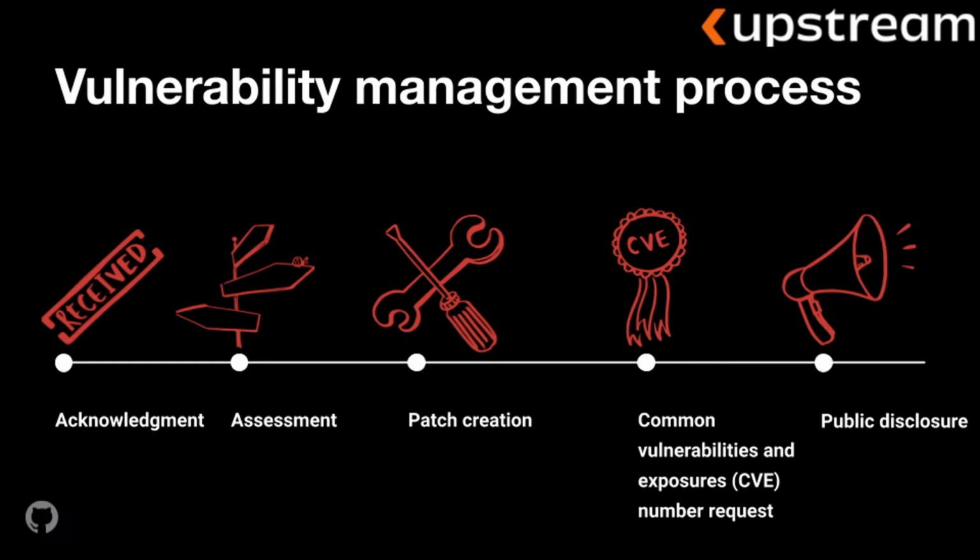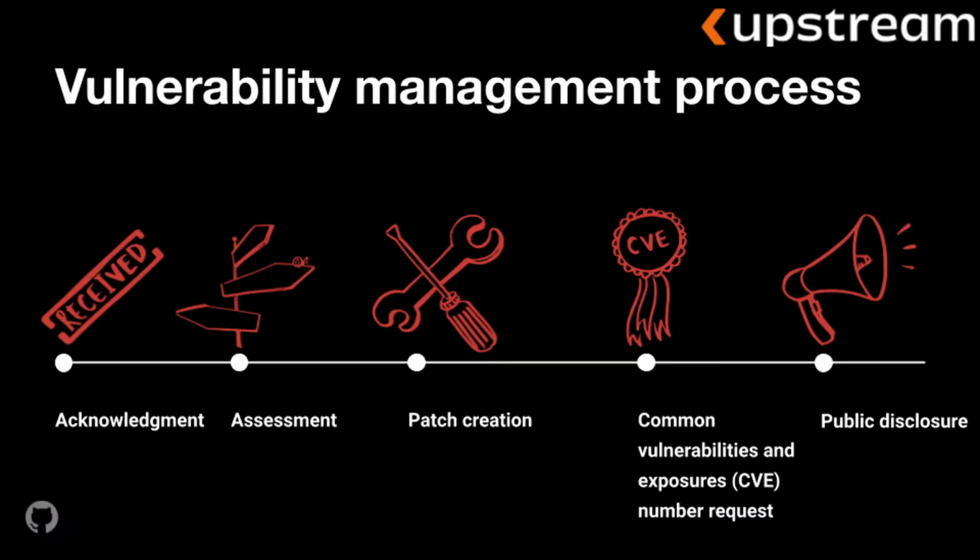CVEs are important. Why? Because they inform users that there may be a vulnerability in the components that they're using. They're also important to give credit to your reporters for finding and disclosing the vulnerability. And for better or for worse, security researchers collect CVEs like Pokemons, but that's a topic for another time.